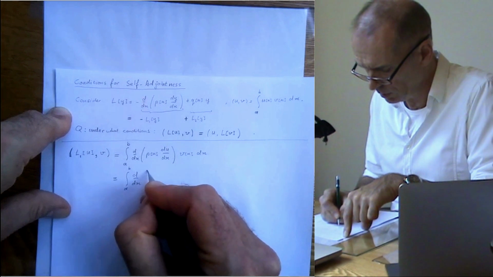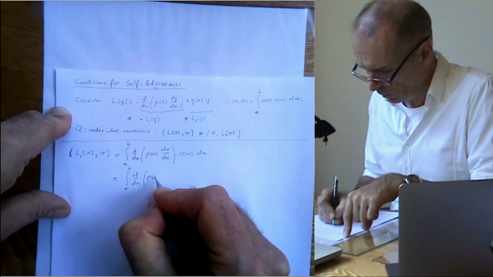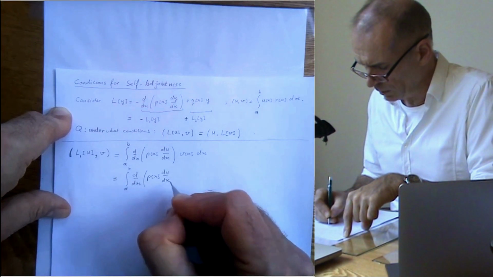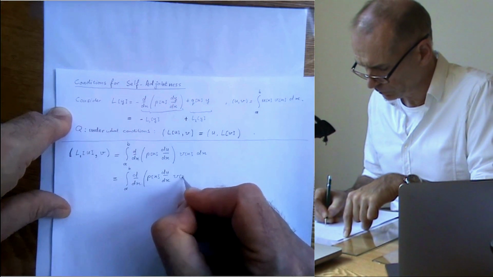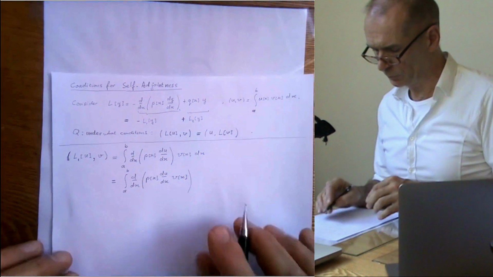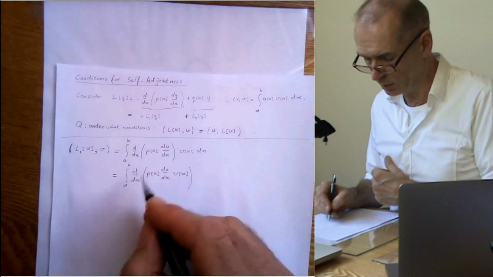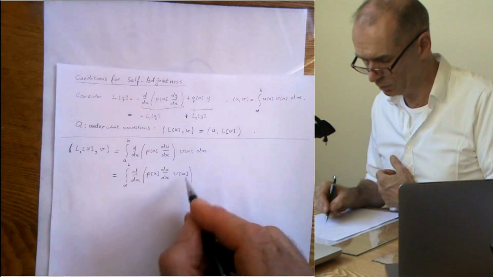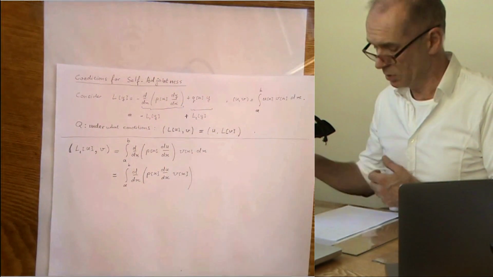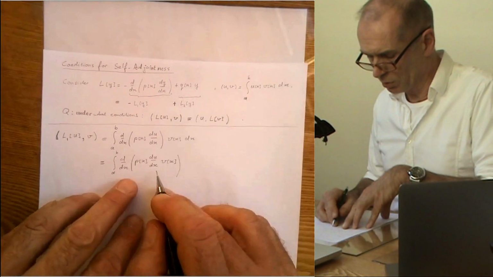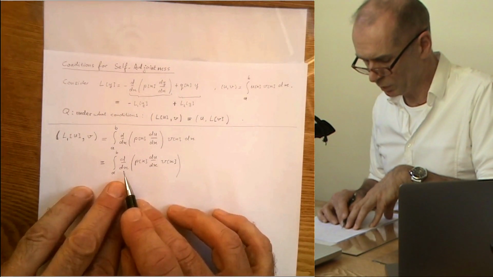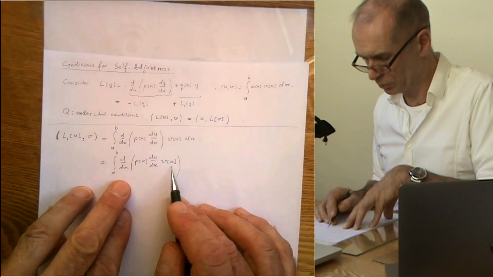If I would write down this instead of that, because if I would integrate this, I can integrate it. The integral of a derivative is this function itself, and then substitute the boundary. So that is the progress that you expect to make. But of course this is not fully correct, because this is a product, so if you would evaluate this, you would have to apply the product rule.